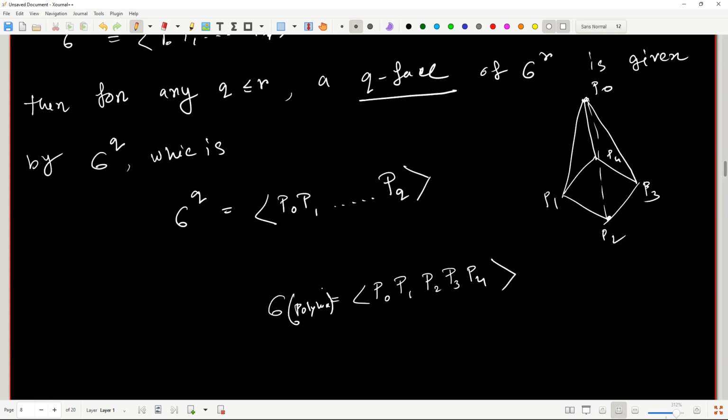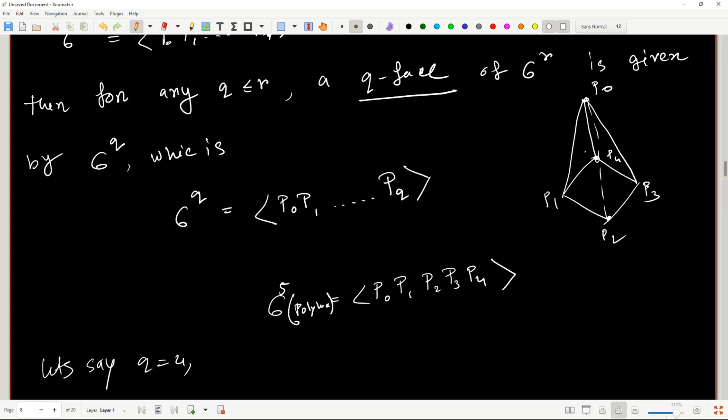Now we want to see some faces, a Q face. Let's say the value of Q is 4. What do I mean by Q equals 4?